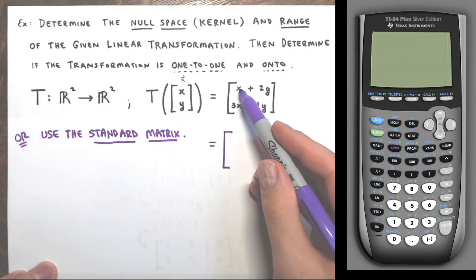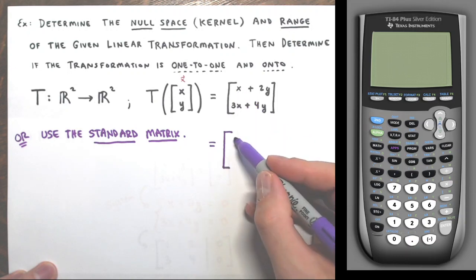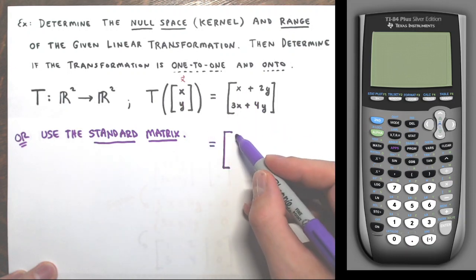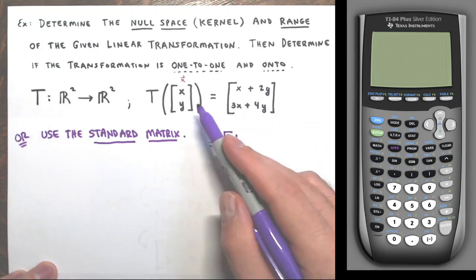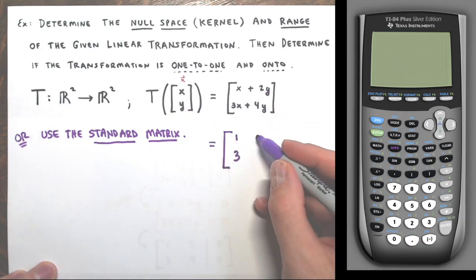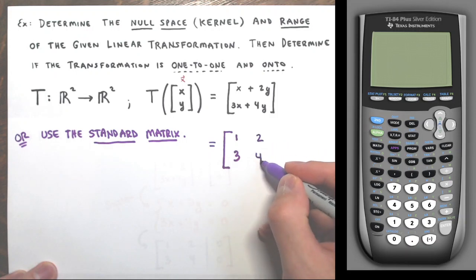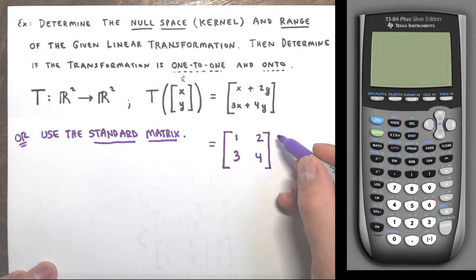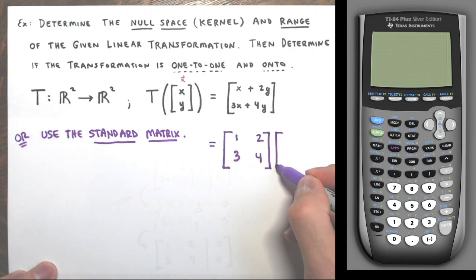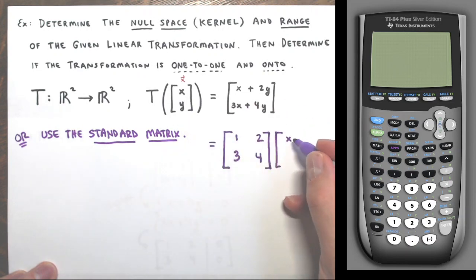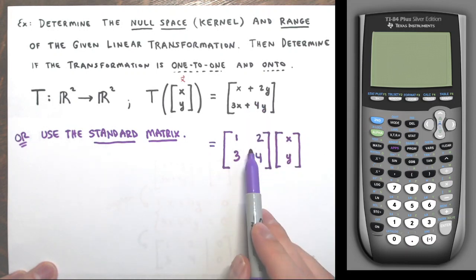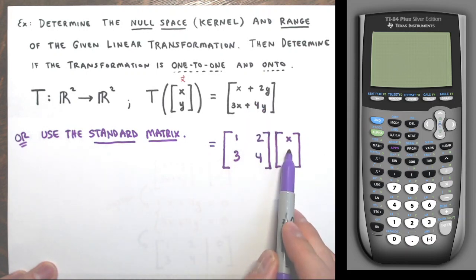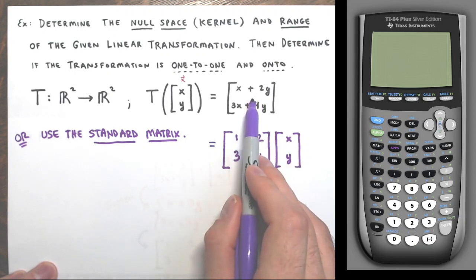This will be a 2 by 2, the coefficients of the first input variable, the coefficients of x, down the first column, 1 and 3, the coefficients of the second input variable down the second column, 2, then 4, and that would be it. And then this matrix multiplied by the input vector, xy, would indeed give me this output. You can go ahead and check and multiply this 2 by 2 times this 2 by 1, and you'll get this 2 by 1.